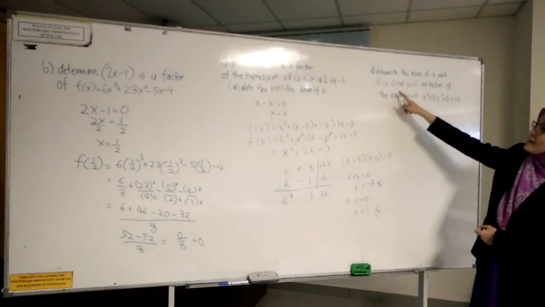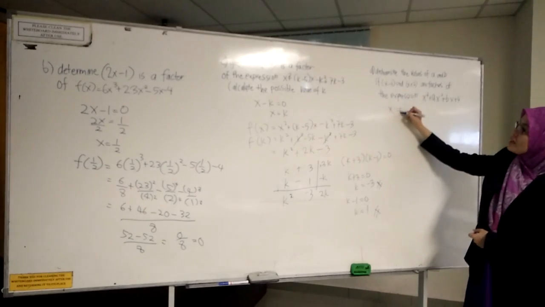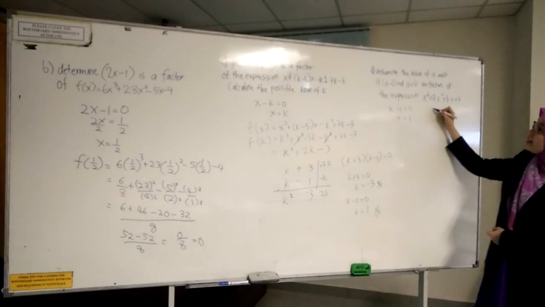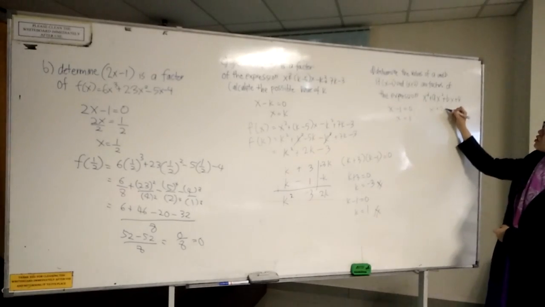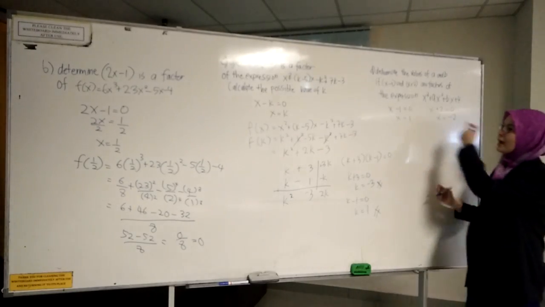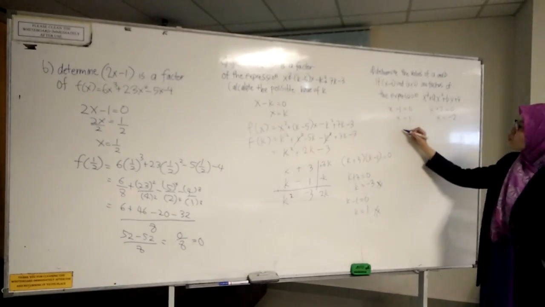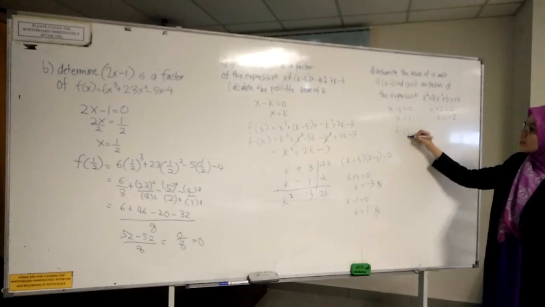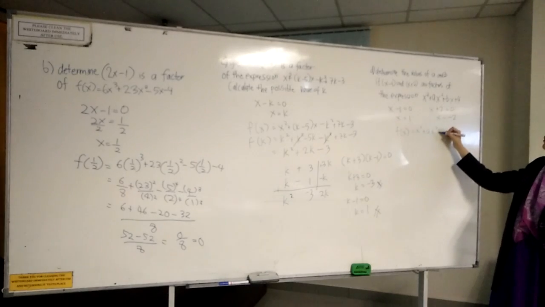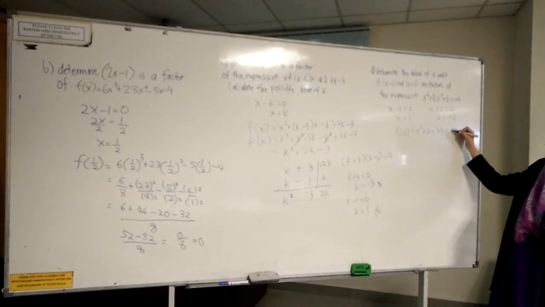Okay, we use what they give: x minus 1 equal to 0 as a factor, so x equals 1, and x plus 2 equal to 0, so x equals negative 2. By the factor theorem, our polynomial is f(x) equals x cubed plus ax squared plus bx plus 4.